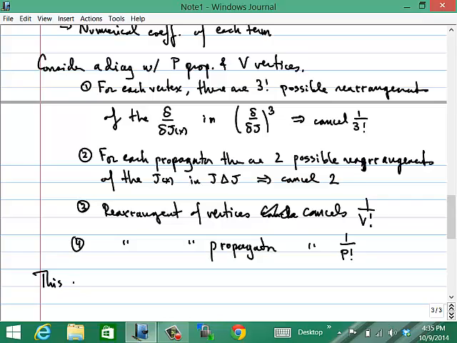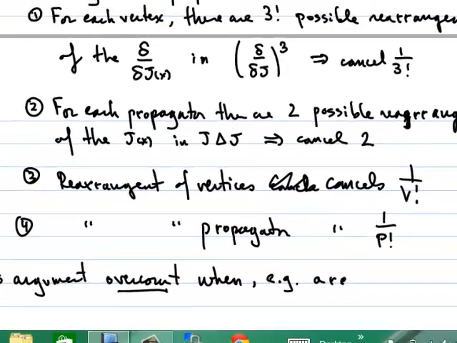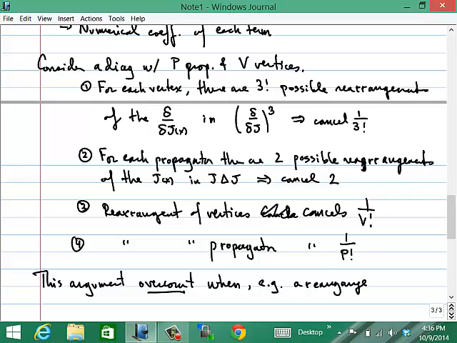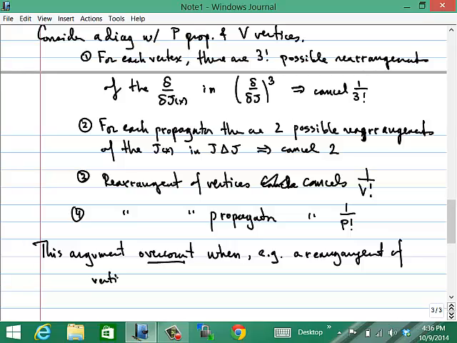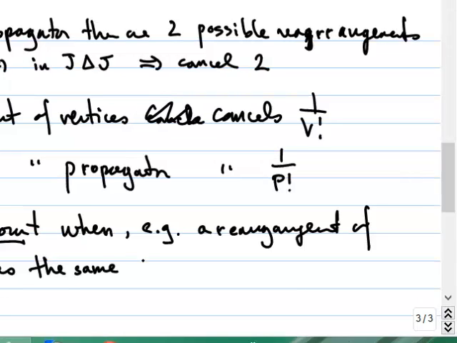Because this argument will overcount when, for example, a rearrangement of, say, vertices gives the same result as a rearrangement of propagators.